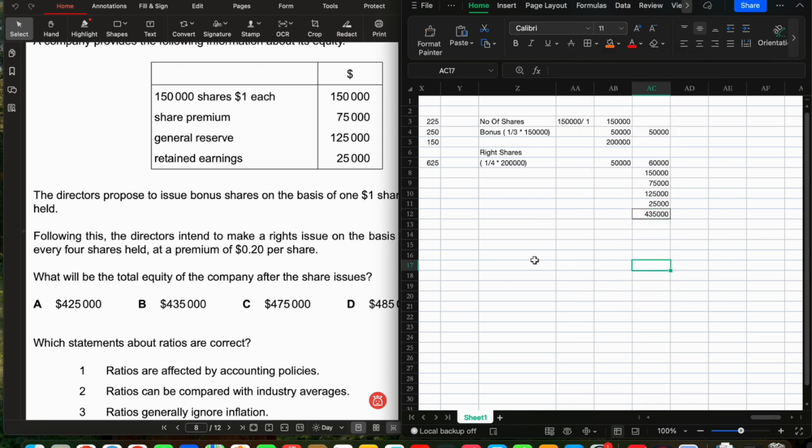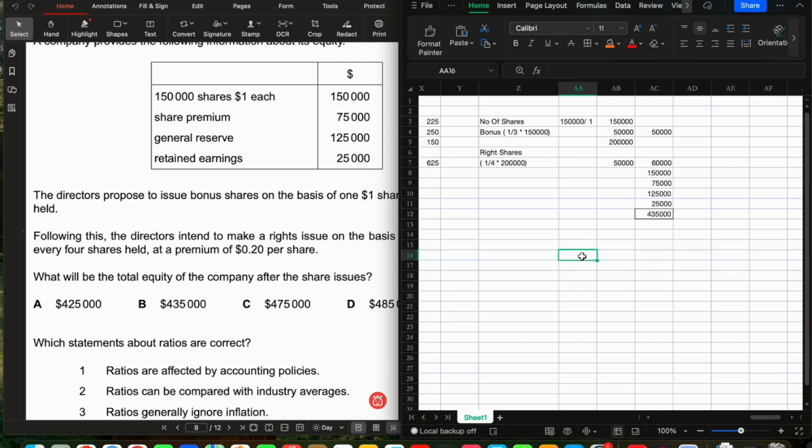Now if you have not understood this, then let me prepare a small account for your understanding. This is your shares, and this is premium. This is your general reserve, and this is your retained earnings. Share is 150,000. Then share premium is 75,000.